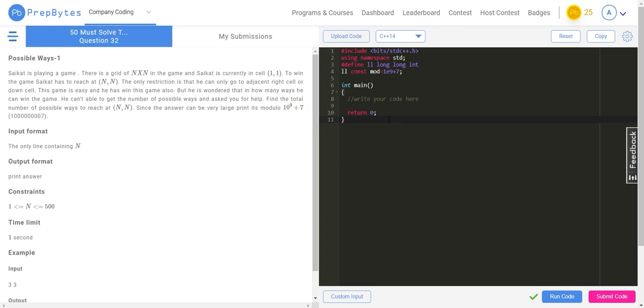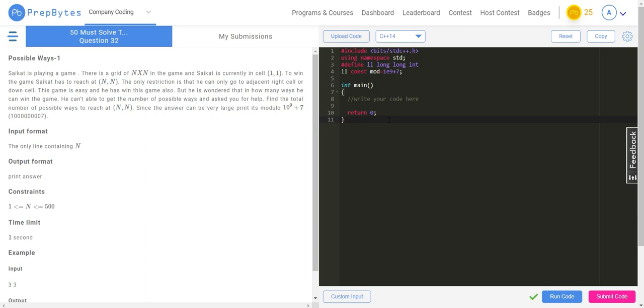The game is easy and he has to win the game. But he wonders in how many ways he can win the game. He is not able to get the number of possible ways and asked you for help. Find the total number of possible ways he can reach n of n. Since the answer can be very large, please print the modulo of 10 to the power 9 plus 7.